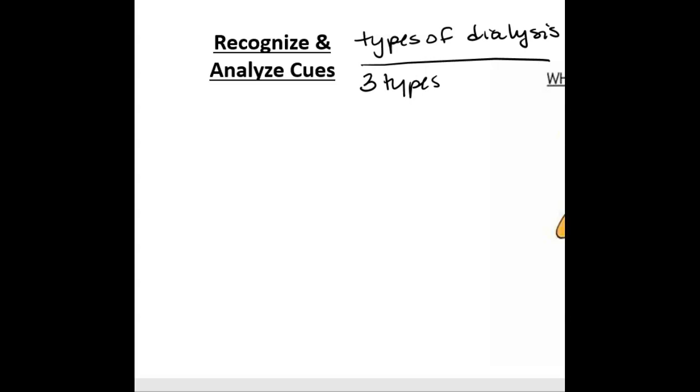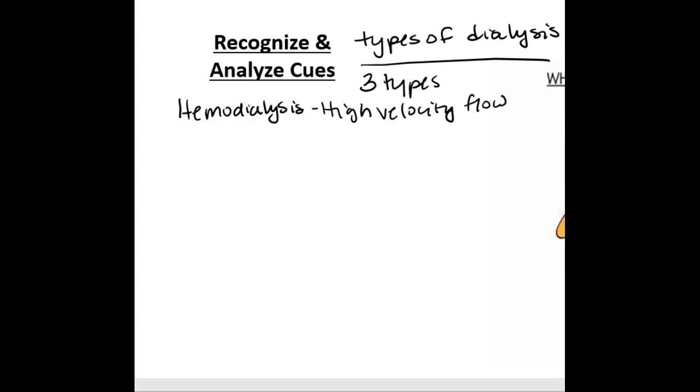Okay, so the first type of dialysis that we are going to discuss is what you know as hemodialysis. So hemodialysis is the one that we traditionally think of when we think of dialysis patients. This is the one where the person has to have some sort of vascular access to give high blood flow. So it's a very high velocity blood flow.